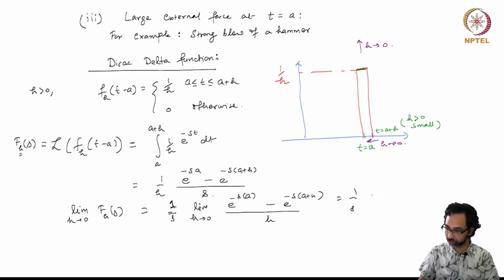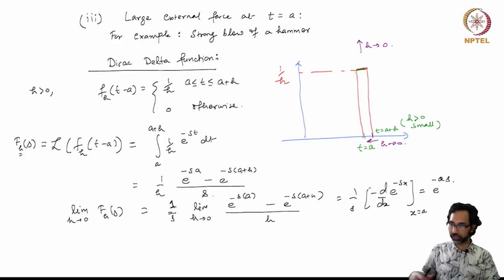So this is 1/s times the negative of the derivative of e^(-sx) evaluated at x equal to a. So you will only get e^(-as).